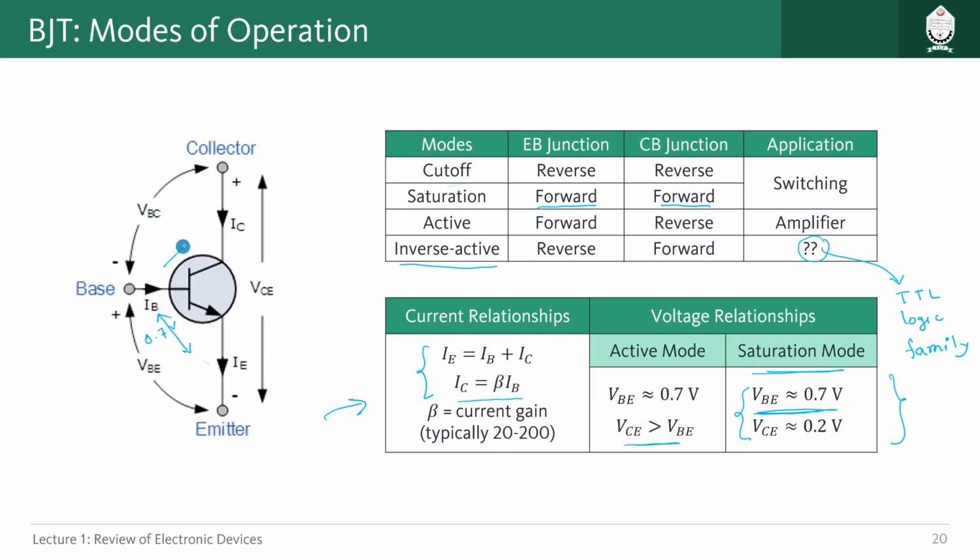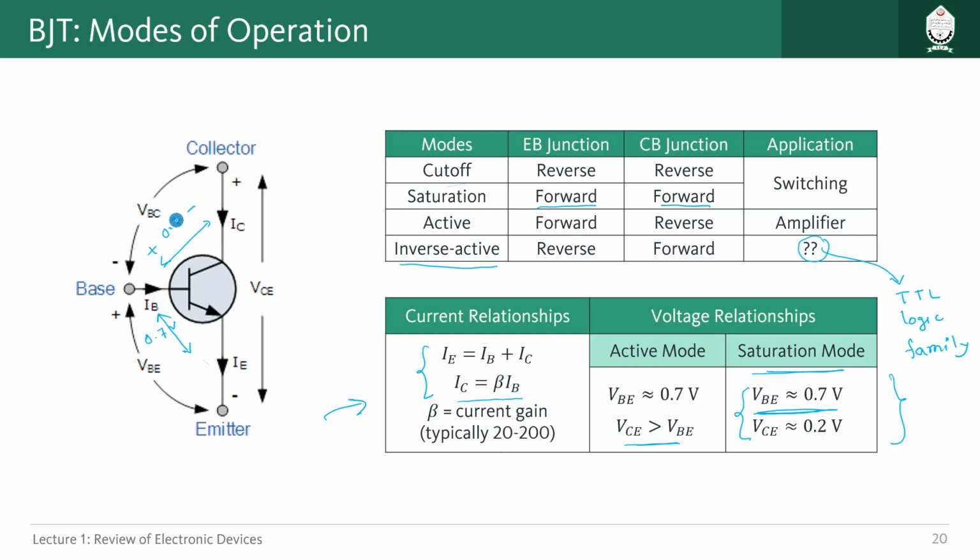Now if this is forward biased, that means the base should be at a potential 0.7 higher than the collector, right? But the base, emitter and collector are not doped in a similar way. As a result, whenever this base to collector junction is forward biased, you are never going to see a 0.7 volt voltage drop.